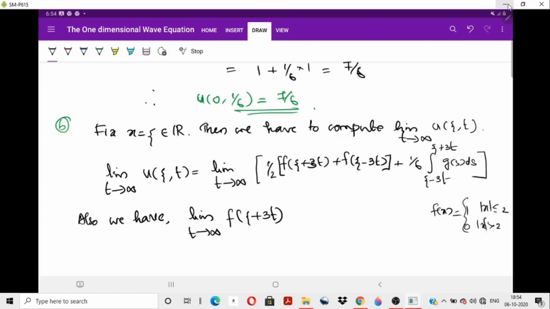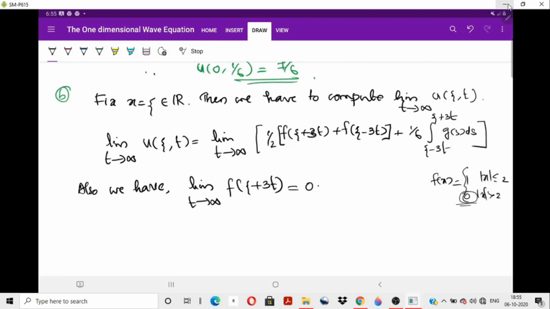The same holds for g of x also. So when theta is fixed, as t tends to infinity, theta plus 3t also goes to infinity. That means for all values other than the interval minus 2 to 2, the value of f of x is 0. So obviously this will be equal to 0.